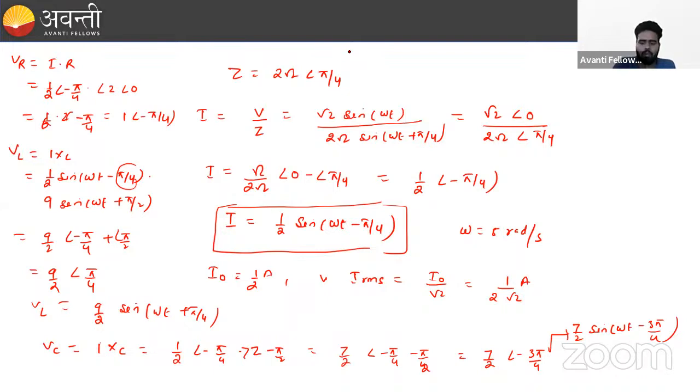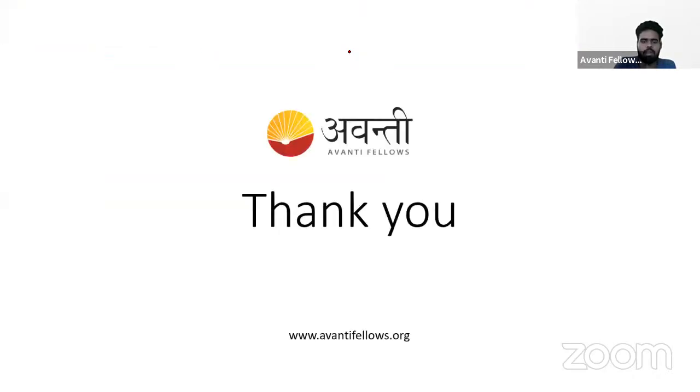So guys, what we learn is that once we calculate the value of current, we can find any value. In this session, we learned the nature of the problems previously asked in the NET, and what approach we should follow to attempt and solve any type of alternating current problem.